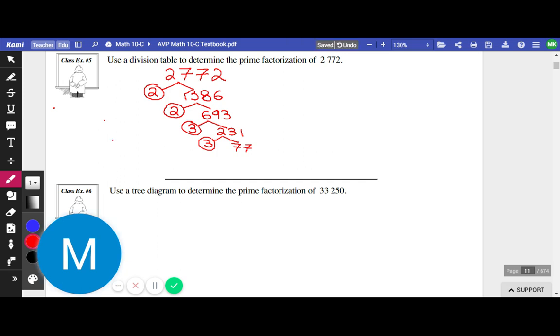I then take 77 and I divide it by 3, doesn't work. I divide by 5, doesn't work. I divide by 7 and I get 7 and 11. Both of which are prime numbers, so both get circled.